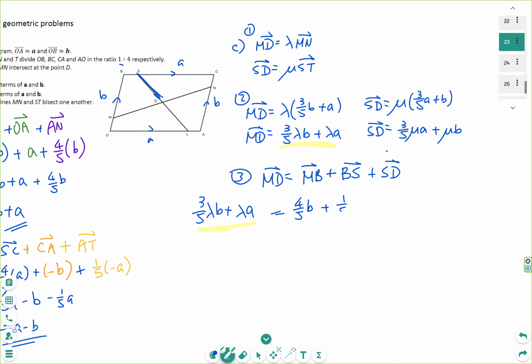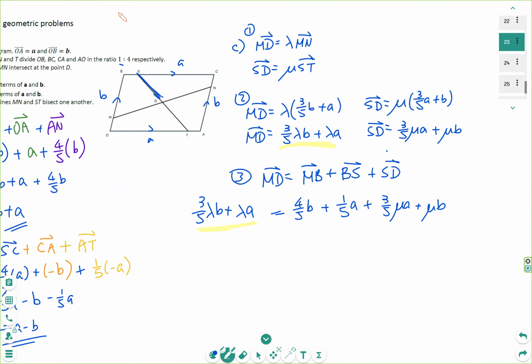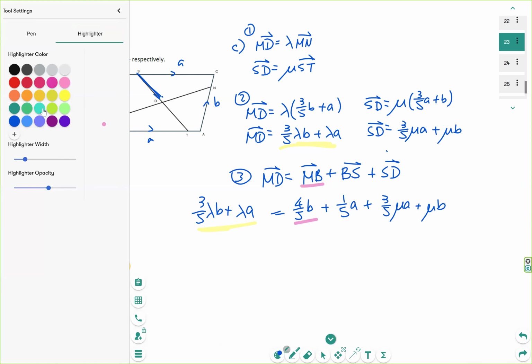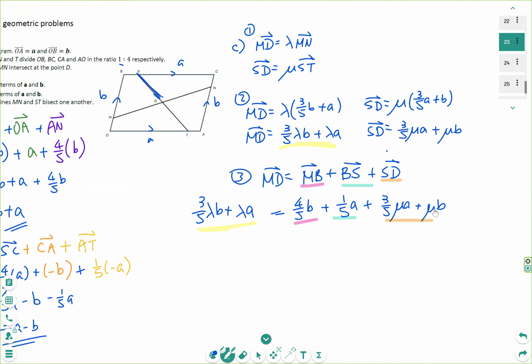BS is a fifth of A, and SD, which is 3/5 of mu A plus mu B. So let me highlight it. MB, BS, and SD in orange.